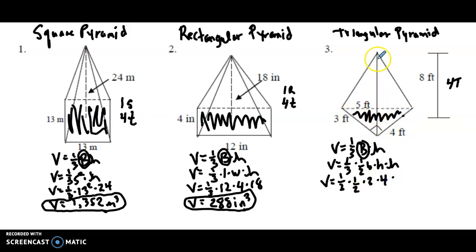And the height, again, is either going to be on the inside or it's going to be on a ruler. This one's on a ruler, again, because it would be hidden. So that's going to be 8. And we're going to multiply that, and we're going to get 16 cubic feet.